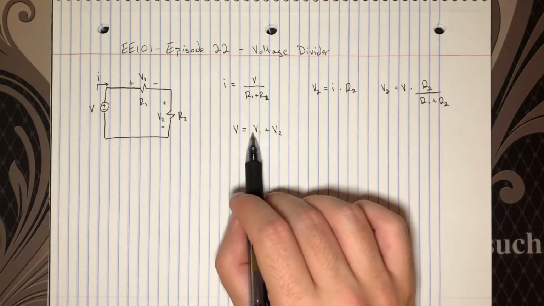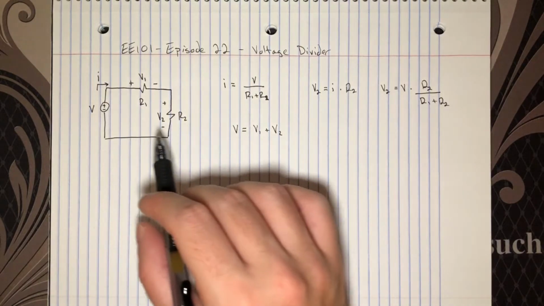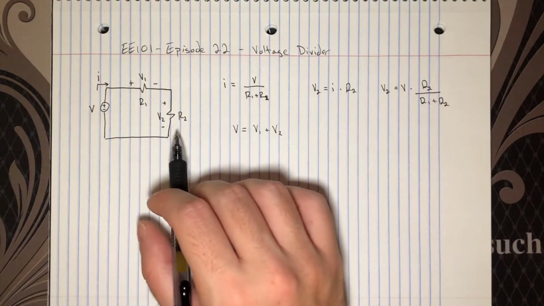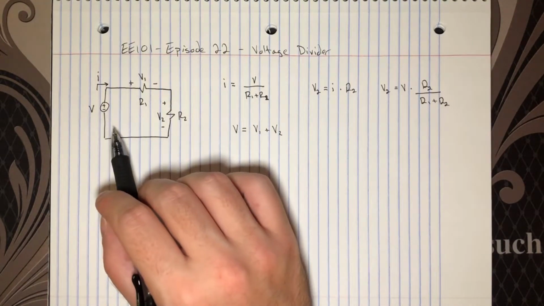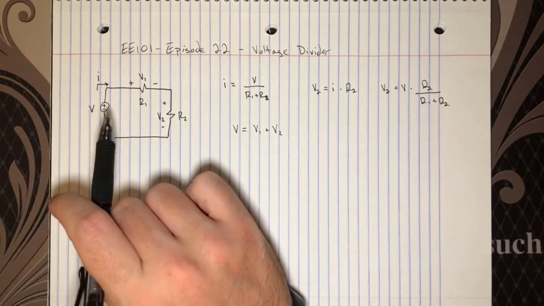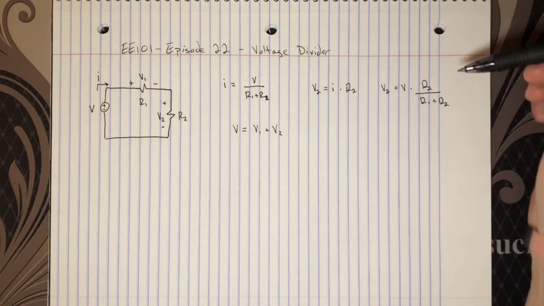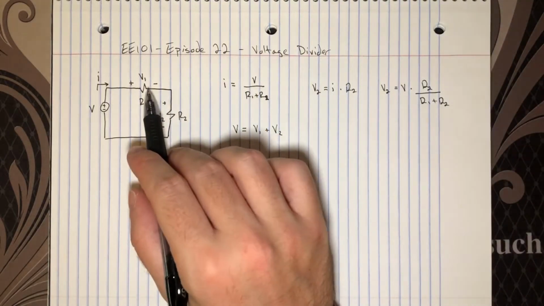Intuitively, we know that the sum of the voltages in this loop, or rather the sum of the steps up, equals the sum of the steps down. So all of the energy in this source voltage is split between the two resistances. Some of it goes to V1 and some of it goes to V2. So V2 must be less than V because some of that voltage is eaten up at another resistance.